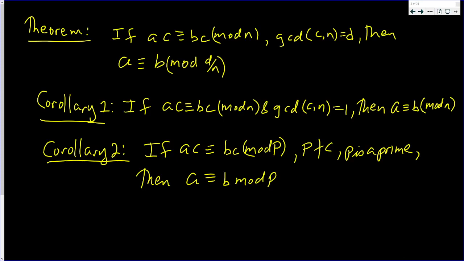This video is going to prove a theorem and then two very quick corollaries to the theorem. It says that if AC is congruent to BC mod n and the GCD of C and n is D, then A is congruent to B. That is, in a way, you could cross off the C's.